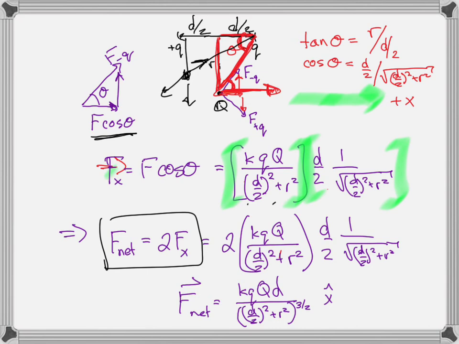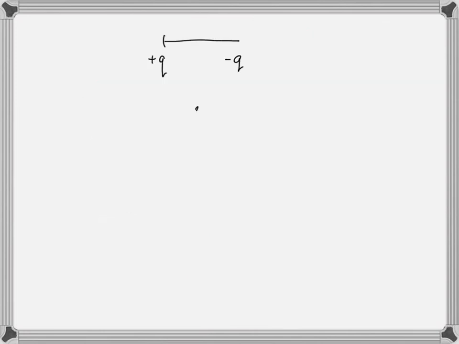So that's the force. Now, what about the field? What is the field of the dipole? This is actually not a very hard question. If the two charges are separated by a distance d, what is the field at a distance r away from their centers? The field is simply the net electric force divided by the charge, so we take away big Q. It is a vector.